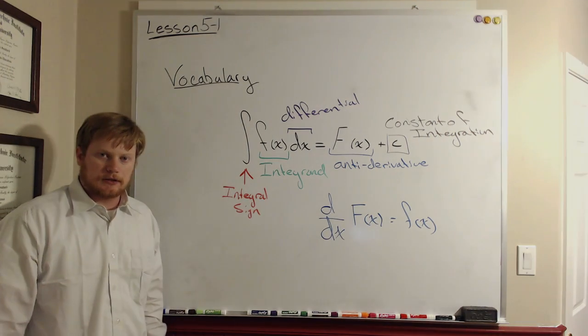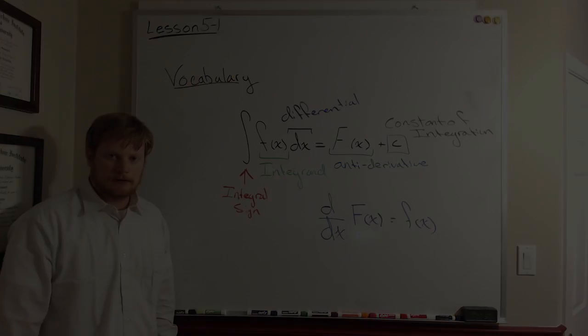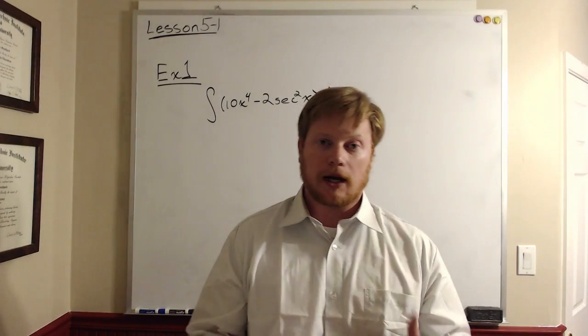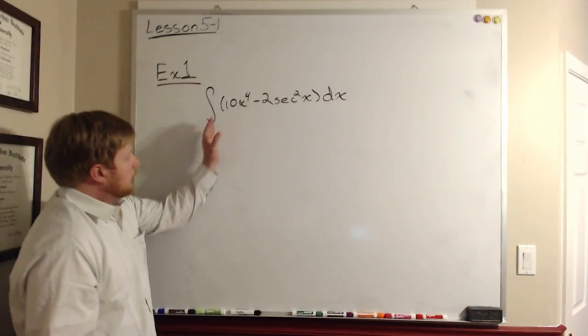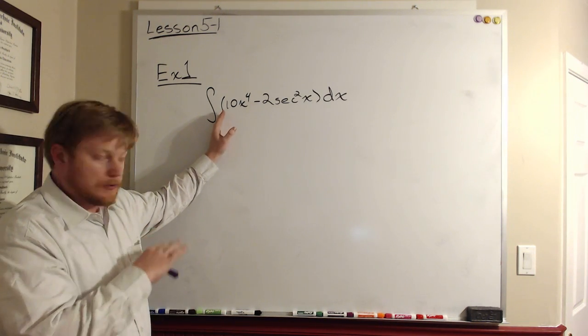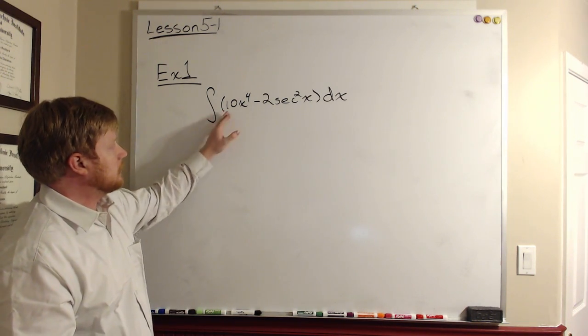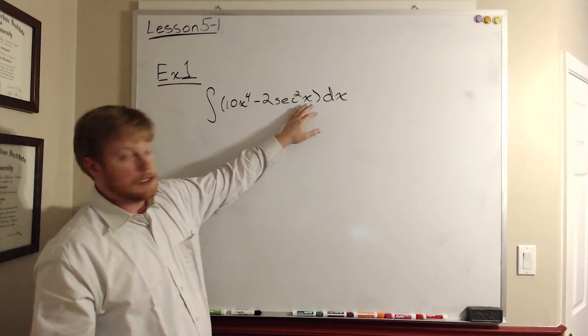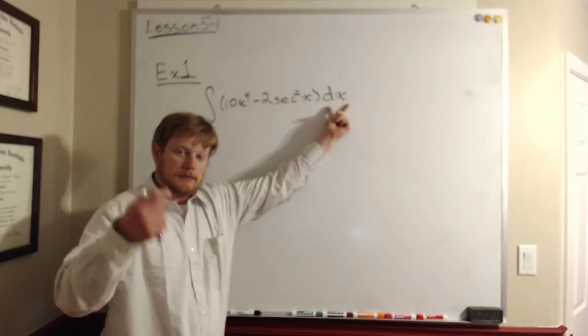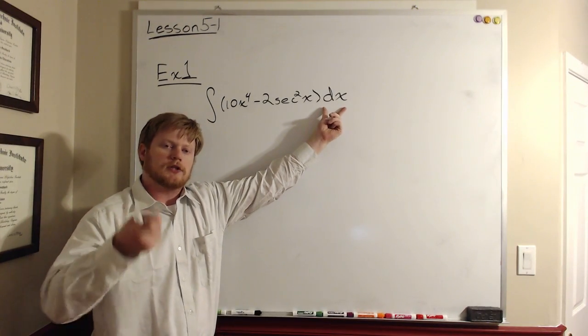All right, so let's take a look at a few examples. Remember what I said. When I'm doing the integral of something, in this case the integral of 10x to the fourth minus 2 secant squared x dx, the differential tells me what I'm taking the integral with respect to, so what variable.